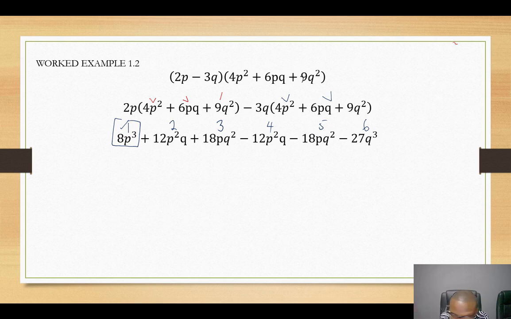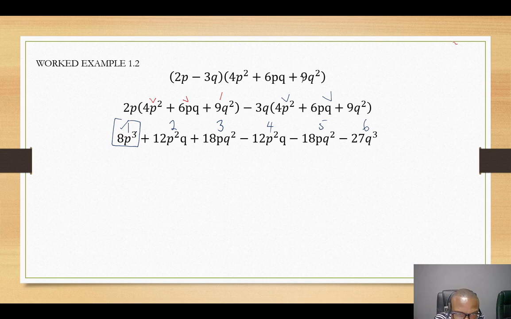In all these other terms, on the second term, p is raised to 2. On the third term, we have only p. On the fourth term, it is p squared. So the first term is the only one raised to the power of 3. So this one will just be 8p cube. You cannot add it to any term. It doesn't have a like term here. So it remains as 8p cube.